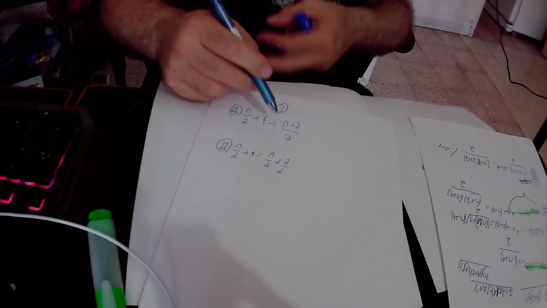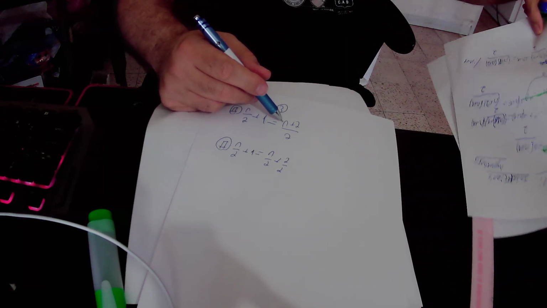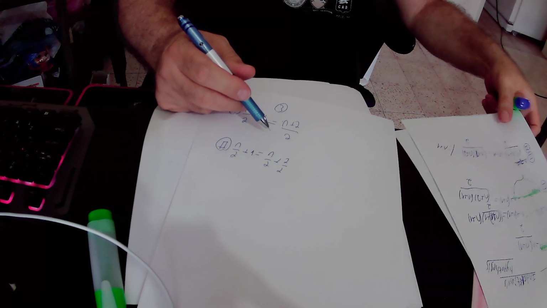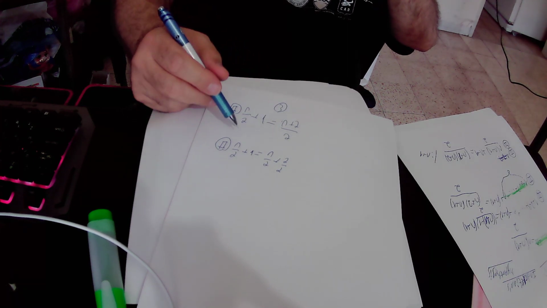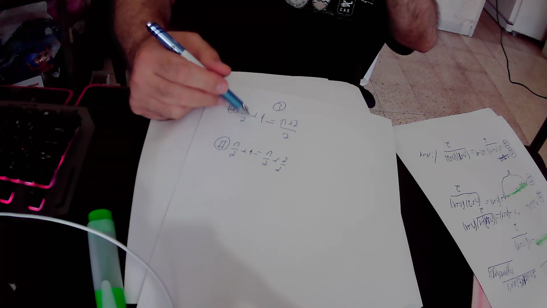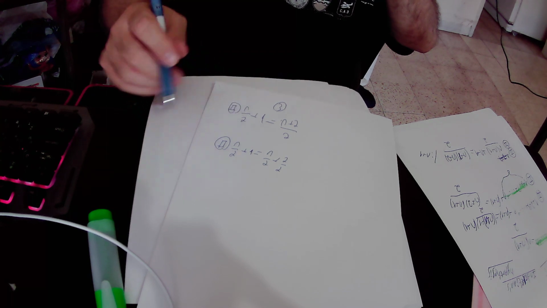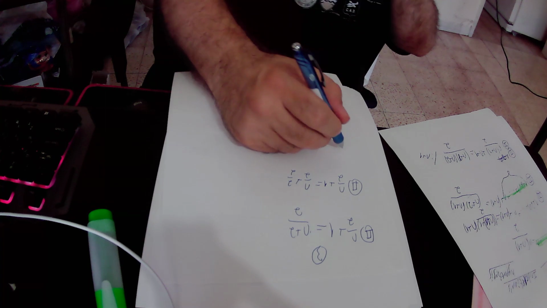Okay, after we separated this expression to two parts, then it will become n divided by 2 plus 2 divided by 2 equals to n divided by 2 plus 1. We copy this expression as it is, and 2 divided by 2 is 1, so we can write it down.